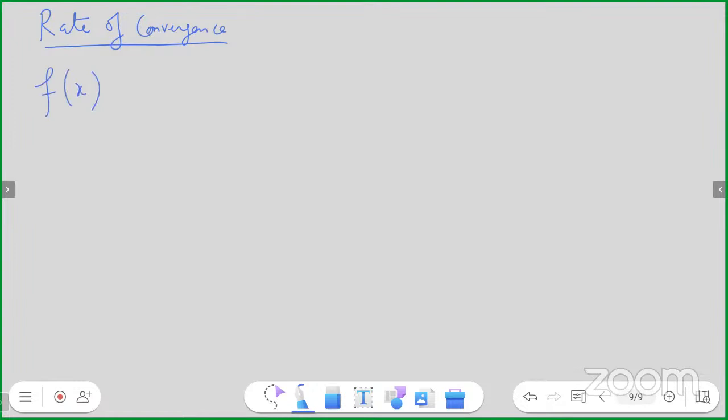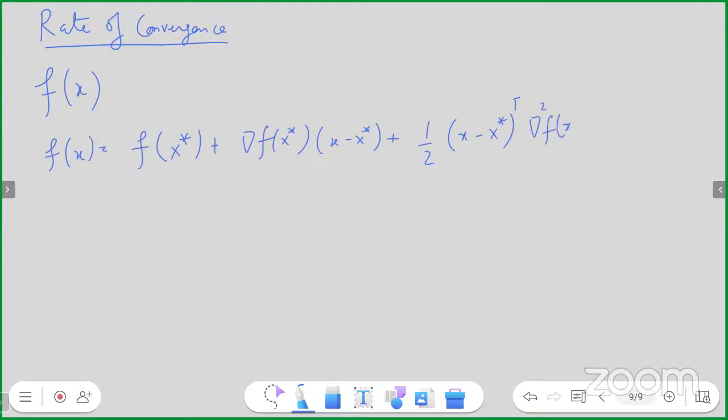Suppose I were to look at it around x star, I can write f of x as f of x star plus del f of x star transpose times x minus x star, plus half x minus x star transpose del squared f times x minus x star, and plus something, right?